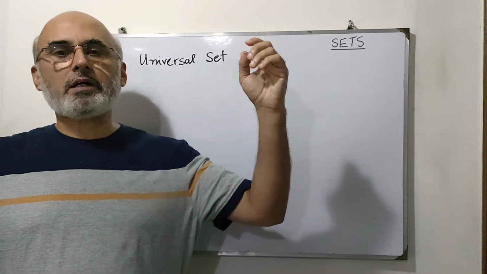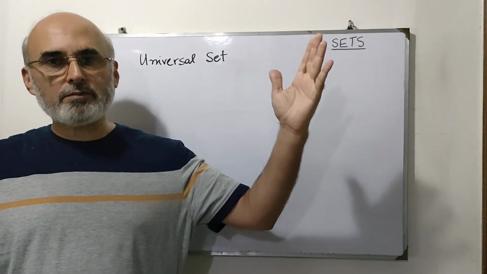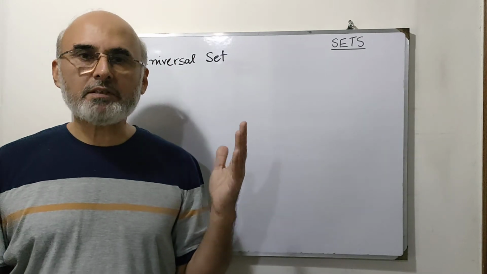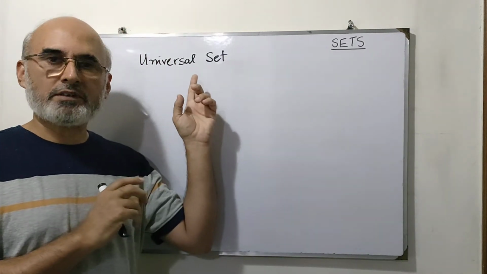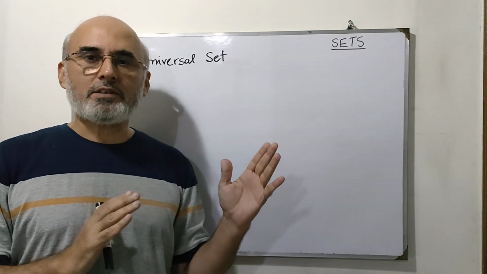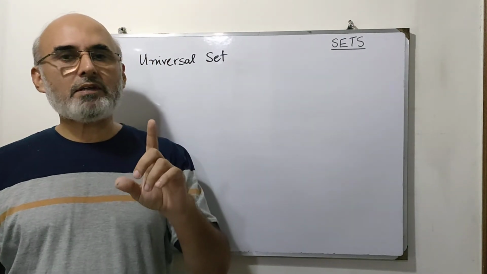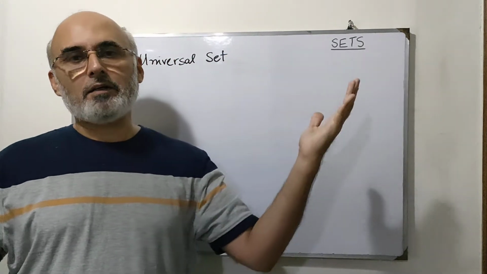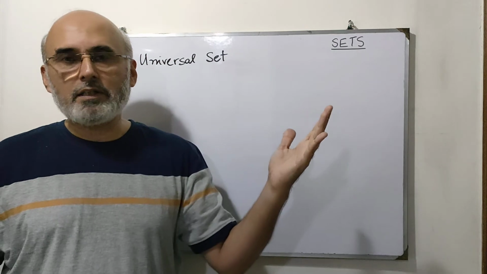Of course, we are talking with reference to something. We are talking about a universal set of all the integers, right? And then we say set of positive integers. It is a subset of this universal set which contains all the integers. If we say set of negative integers, the set of negative integers is a subset of the universal set of all integers.